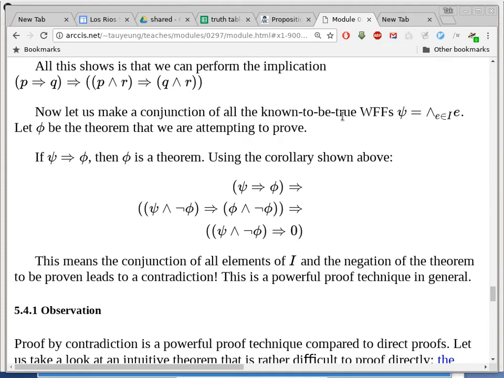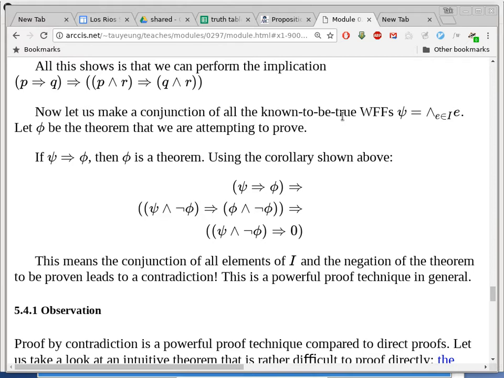This is the essence of proof by contradiction. Psi represents everything that is told to you to be true, axioms and the like. If you make a big conjunction of all of those things, that's your psi. Phi, on the other hand, is a proposed theorem. You're asking, is this true? You don't know.